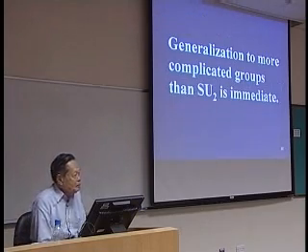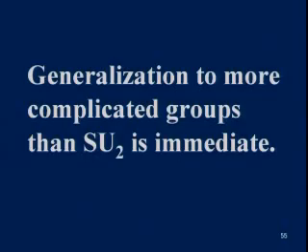What we did at that time was psi was a column matrix of 2 elements. B was a 2 by 2 matrix. But it turns out that this can be generalized. Generalization to more complicated groups than SU2 is immediate. Isotopic spin invariance is a 2 by 2, a SU2 invariance.